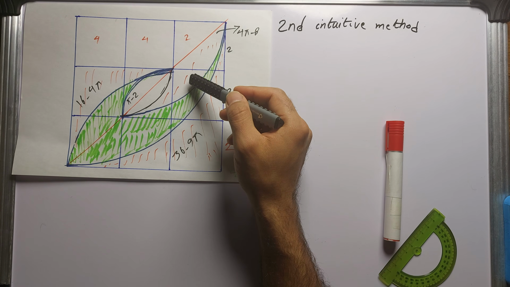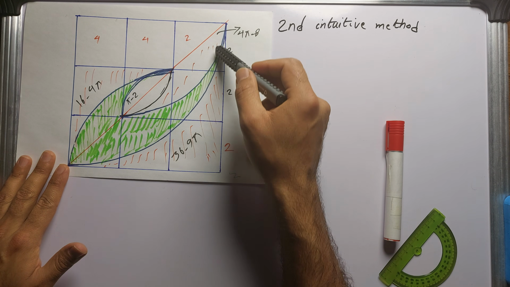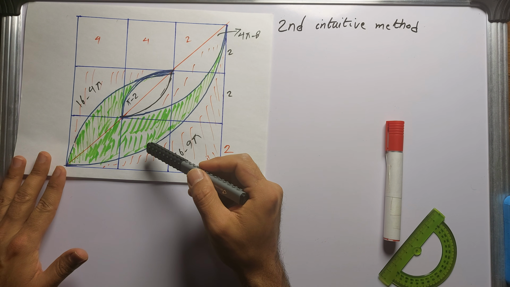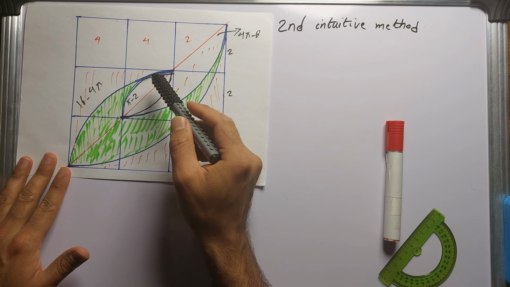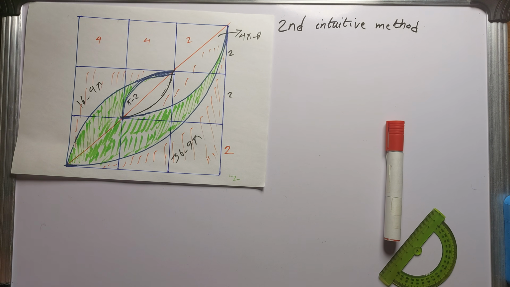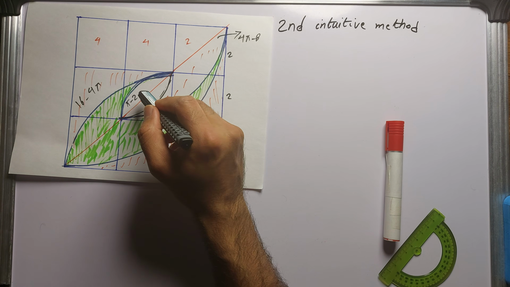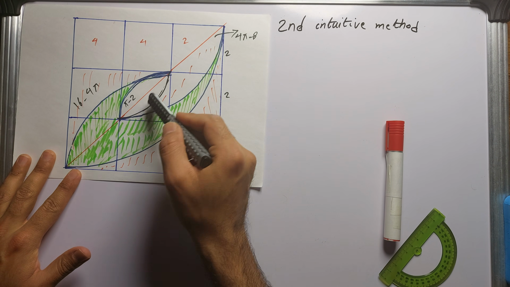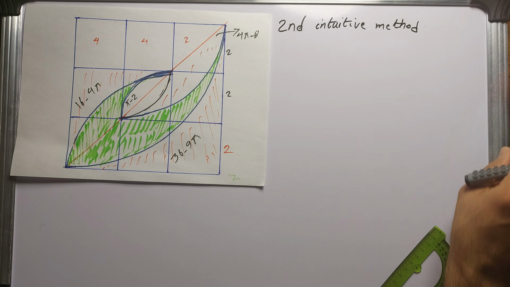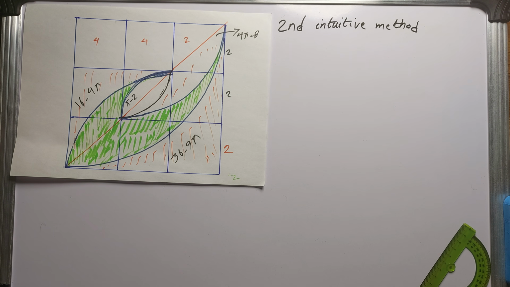So this shape, if we can find this part, which is a big segment of the circle, then we subtract this from there. That's our answer. So we have a segment minus another segment. Let's see how fast we can solve this part.